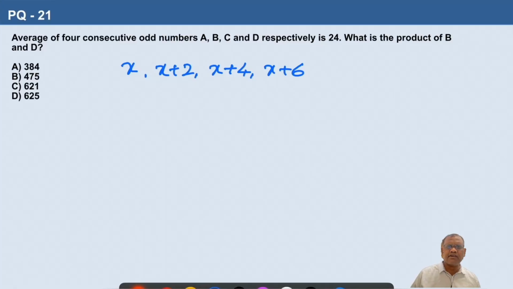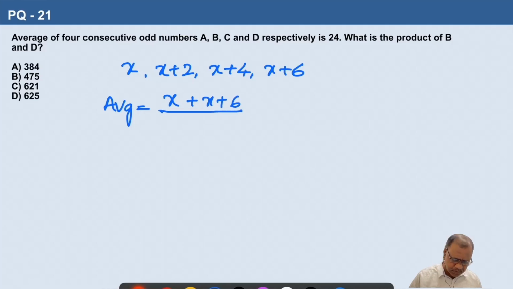So, the average is 24. What is the average of the consecutive numbers? First number plus last number by 2. So, the average is first number x plus last number by 2, and according to the question, it is 24.